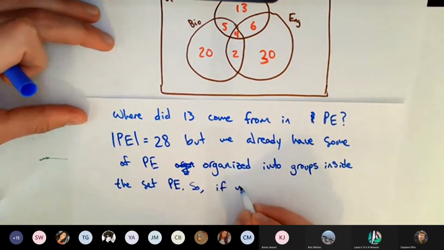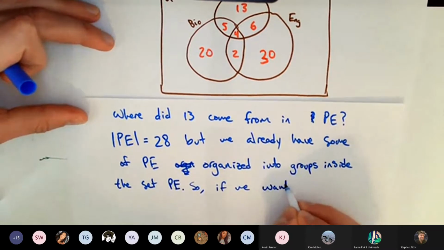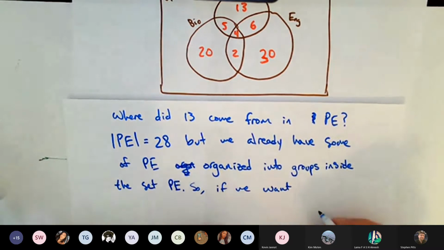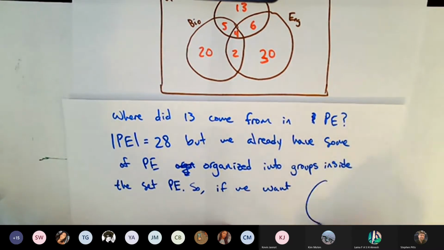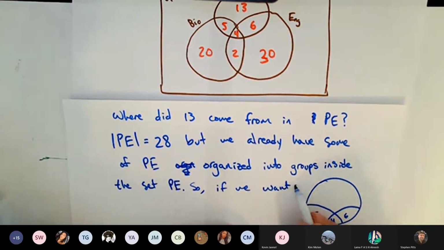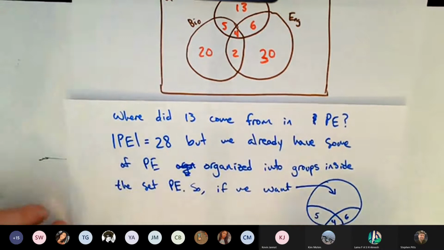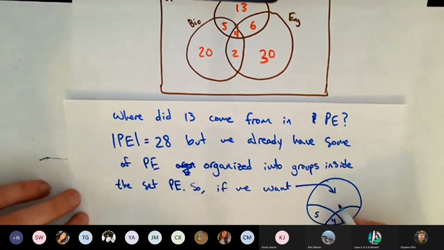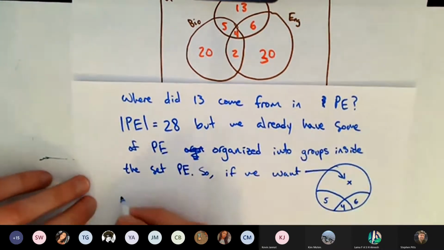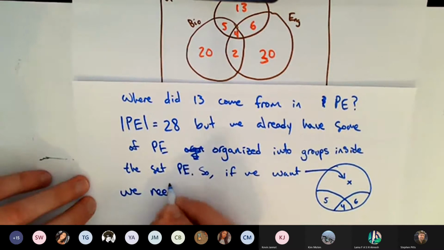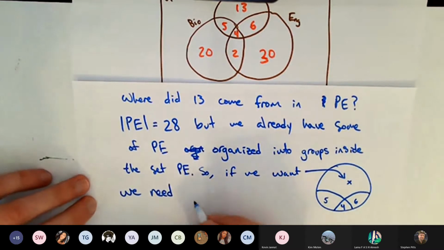So I'm going to draw a picture here to show what we want from PE. If this is PE and I have this and this, where this is a 5, a 4, and the 6. If we want this location, call it X, we need the sum of all of these to be 28.